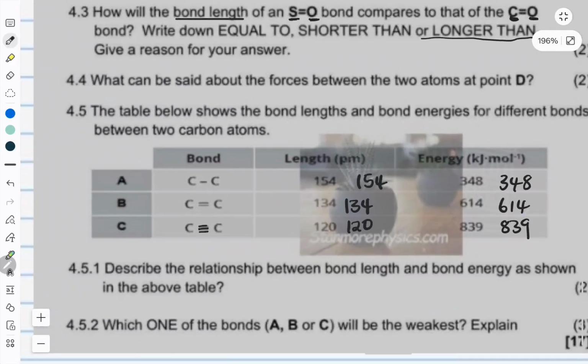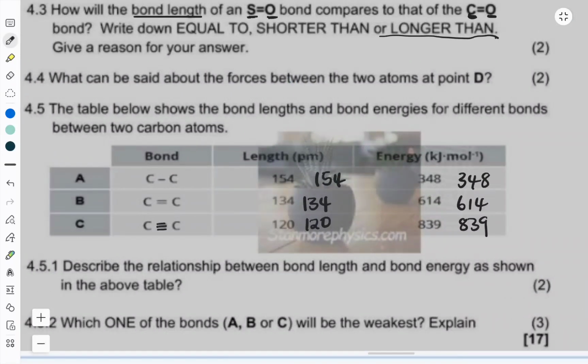As I move from A to C, my bond length is decreasing, but my bond order is increasing. And at the same time, as we move from A to C, the bond energy is increasing. So now the relationship between the bond length and the bond energy: as the bond length decreases, the bond energy increases. Or you can say the shorter the bond length, the higher the bond energy.